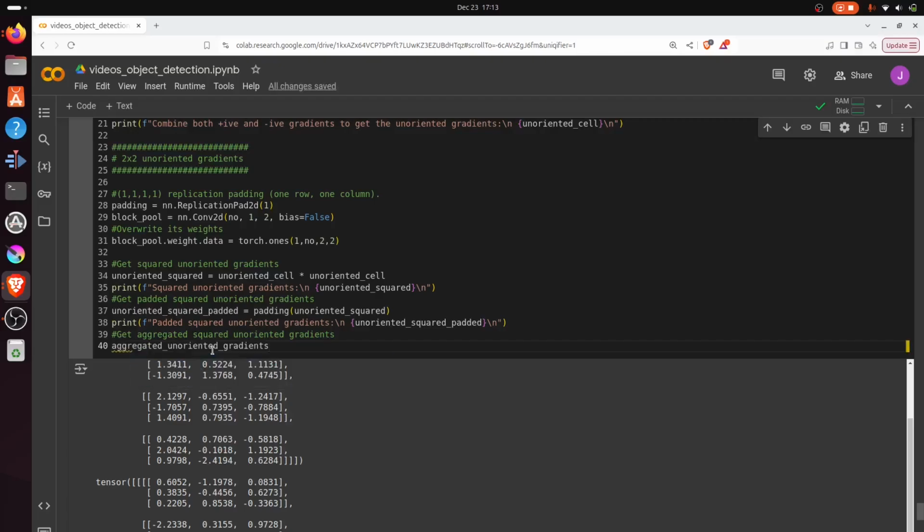So now we're going to aggregate these squared unoriented gradients. We're going to define aggregated unoriented gradients, and we're going to pass it through the block pool. And what are we going to pass through the block pool? Well, of course, the unoriented squared padded, so the padded unoriented squared gradients.